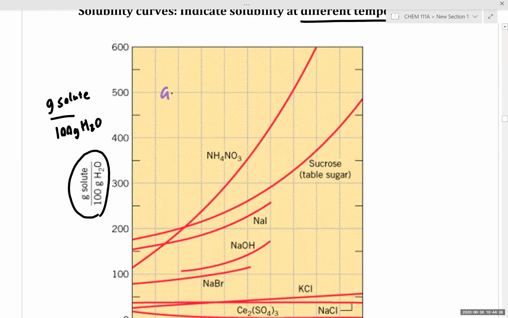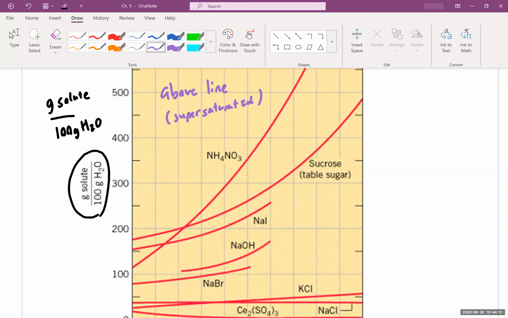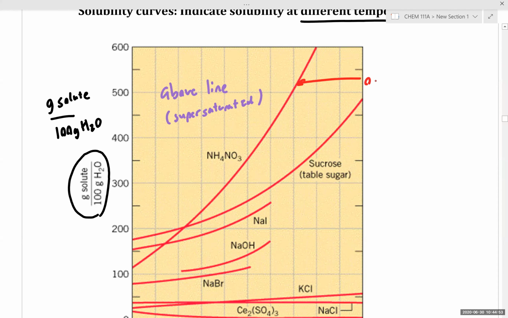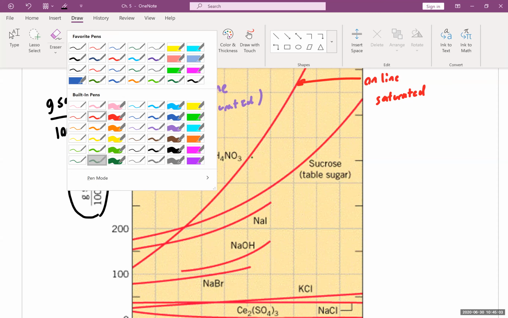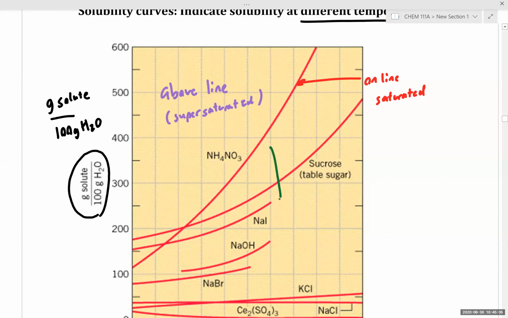If we're above the line, we have a supersaturated solution. If we are exactly on the line, we have a saturated solution. And if we are below the line, we have an unsaturated solution.